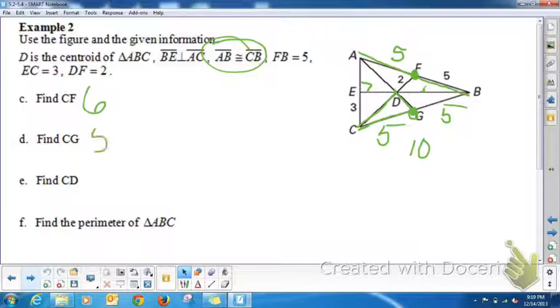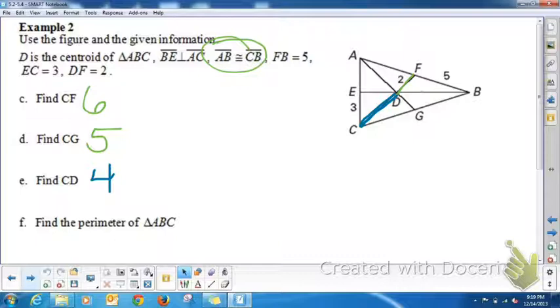So CG is 5. Medians are the lines that go to the midpoints of the sides of the triangle. They don't cut the angles in half. They go to the midpoints of the sides. What would CD be? Well, if we know FD is 2, and that's 1/3, then CD would be 2/3, so it's 2 times FD, so CD would be 4.